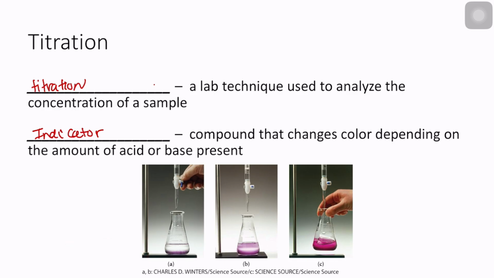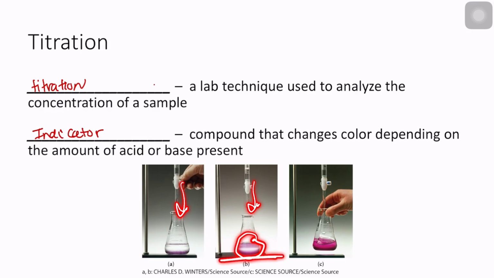Our acids and bases are generally clear and colorless, meaning that you can't really tell what is in each of them. And if you don't know the concentration of something, you can use this technique to determine the concentration. So I start to add my base, I add it even more, and you can see that we change color.